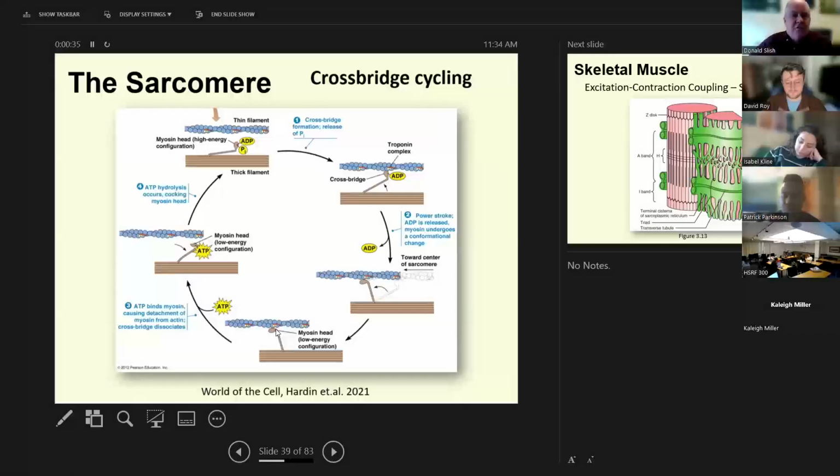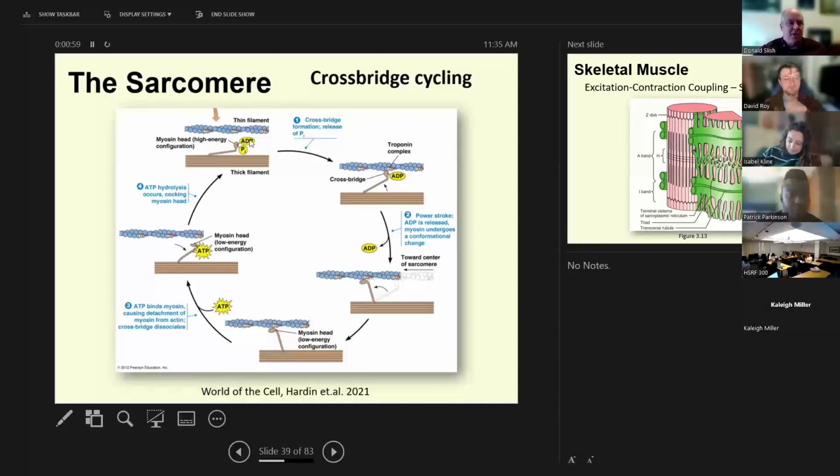So this is the rigor complex right here, where the myosin head is bound to the actin microfilament, and it won't let go. So if there's no ATP, the myosin stays attached to the actin there. Now, when ATP is around, it allows it to let go of the actin. It'll then hydrolyze the ATP, so it puts that phosphate on itself.